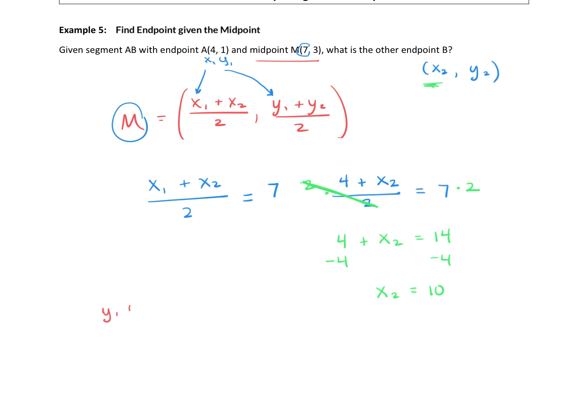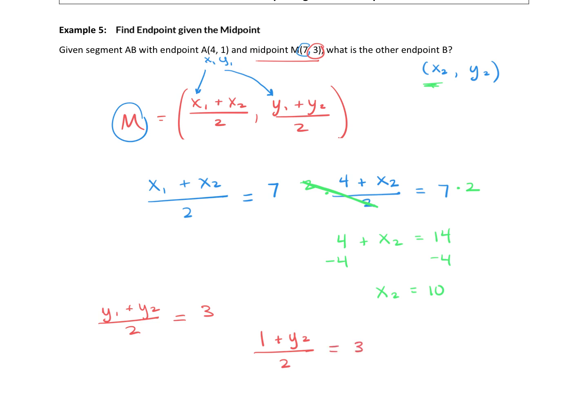So y1 plus y2 divided by 2 will equal this 3, that y coordinate of our midpoint. Now, we mentioned before that we already know what y1 is. That's coming from our first endpoint, so we can go ahead and replace that with a 1. We don't know what y2 is. We're going to solve for that. This gets divided by 2 equals 3.